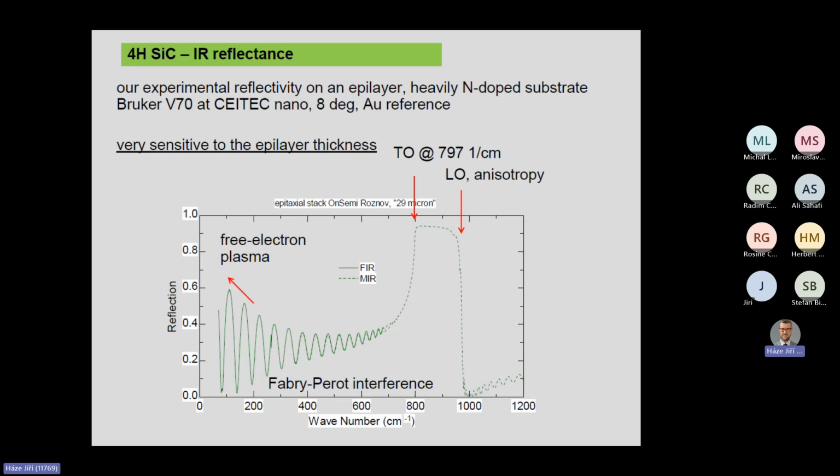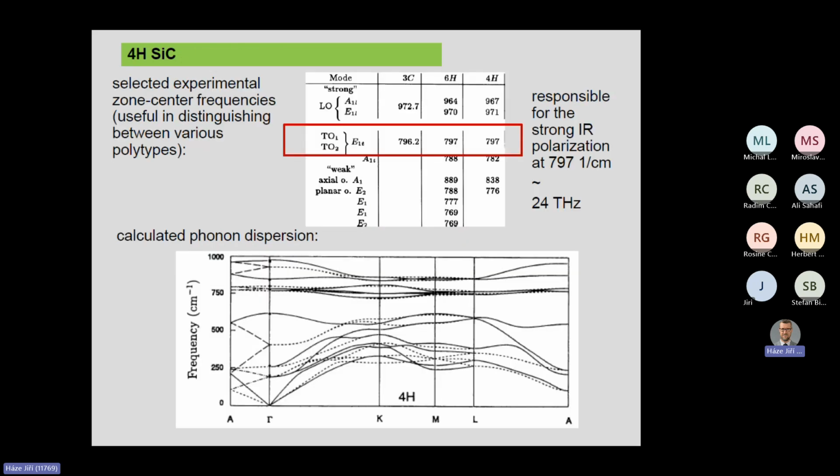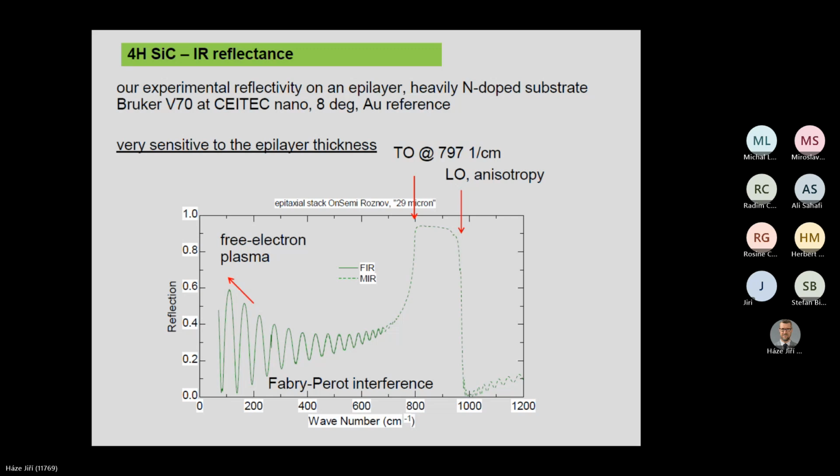We have here the frequency in wave numbers. This wave number here is this 24 terahertz frequency of this basic mode. Very prominent feature in this reflectance, because the reflectance itself reaches almost 1. Between the TO and LO frequency here, the reflectivity is very high.